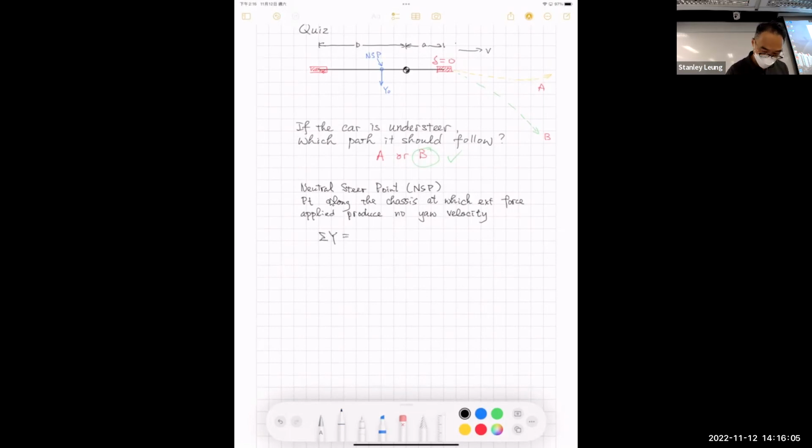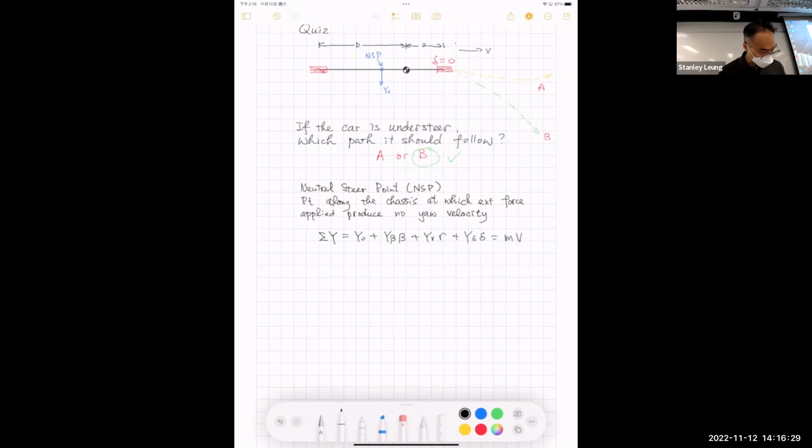okay, you have the Y naught plus all the force we have. So this is what we have in the past. Plus Y delta equals to MA.